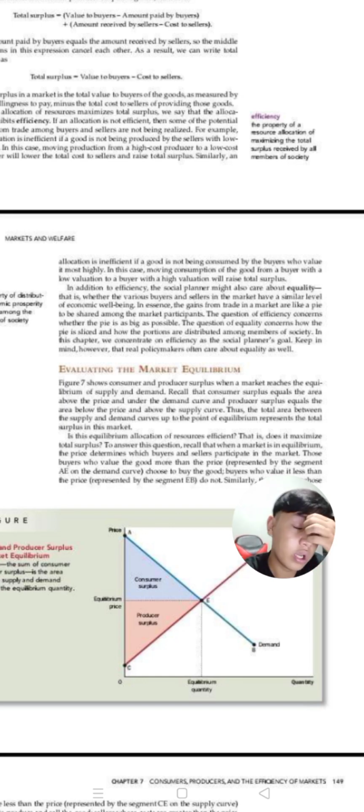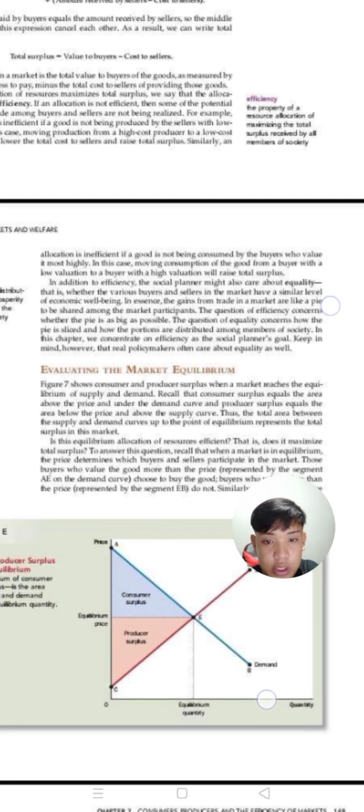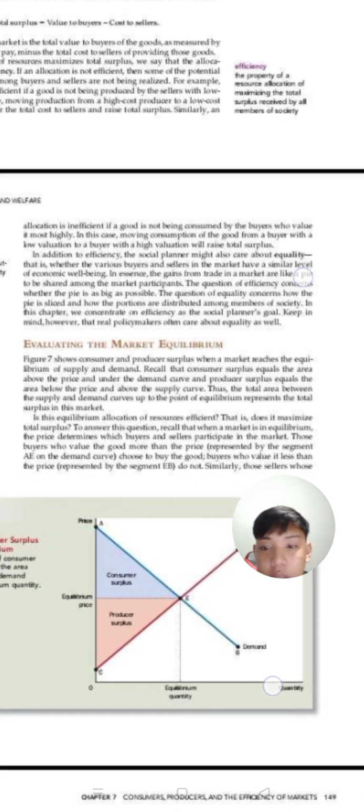That's why buyers base their price on the area. The total area between the supply and demand curves up to the point of equilibrium represents the total surplus in this market. In the equilibrium allocation of resources, efficiency is thus maximized total surplus.